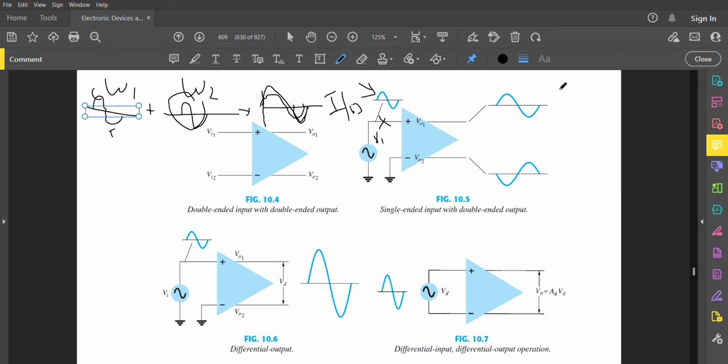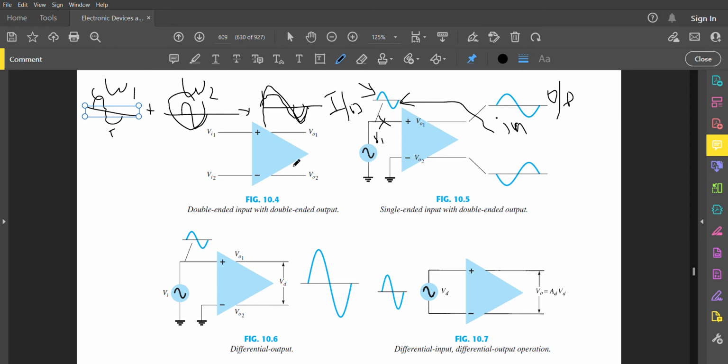This output is quite amplified, right? It is amplified and also in phase, because this is a non-inverting end. So when we apply the signal to the non-inverting end, we get an amplified output which is in phase with the input. This just matches with this, but this is an amplified version of that.